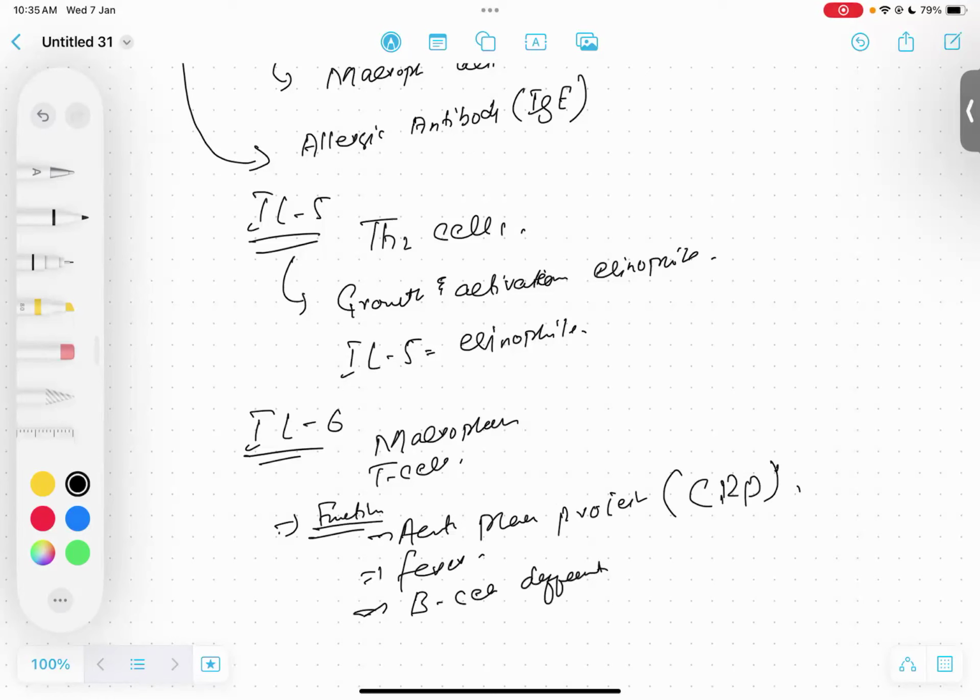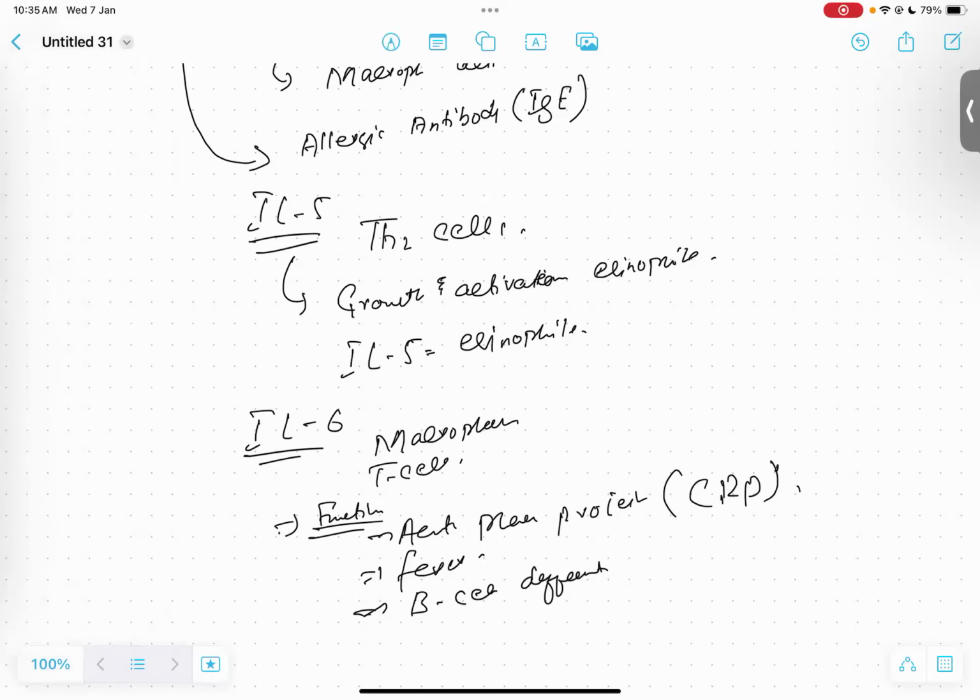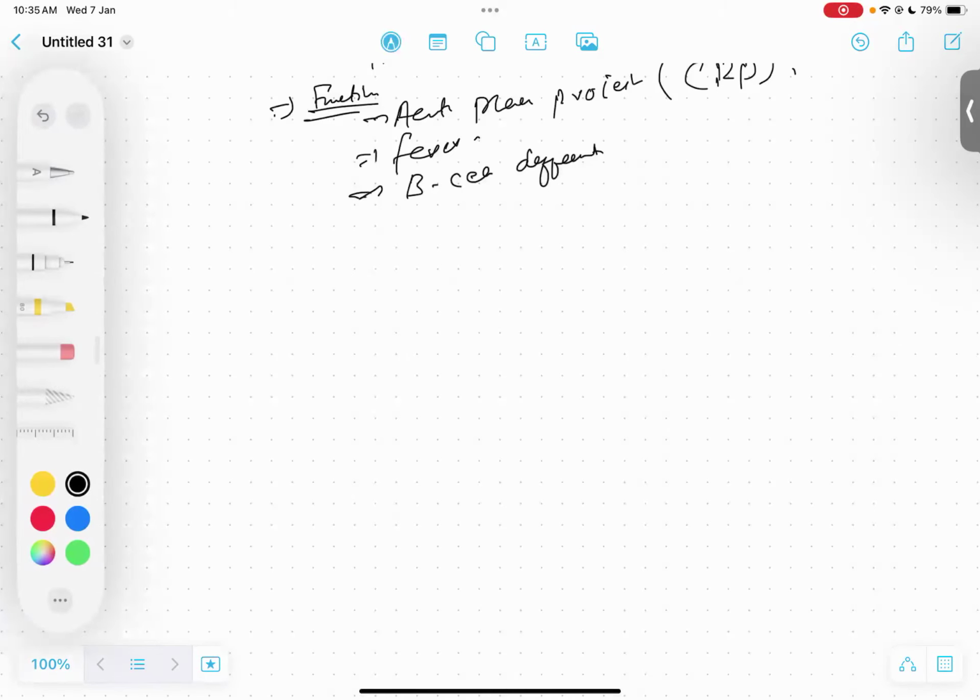So this is the function of interleukin 6.